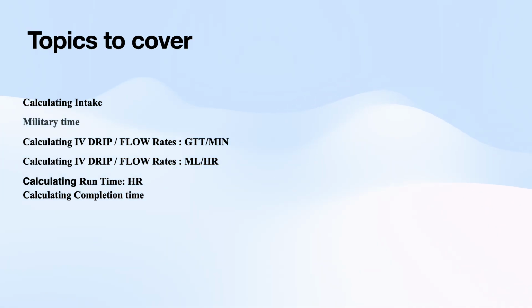We'll also be calculating the run time, which is basically the time that it will take for our IV fluids to run or to finish. So that's a run time, and that is recorded in hours. And lastly, we will be calculating completion time using military time. So let's get into the fun.